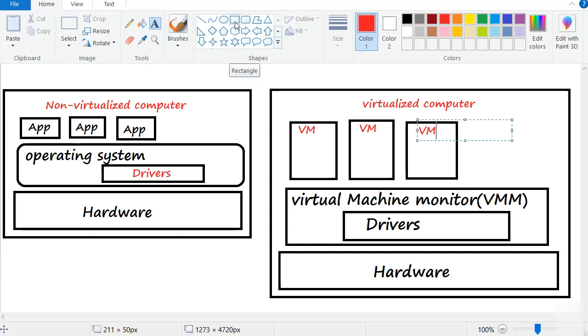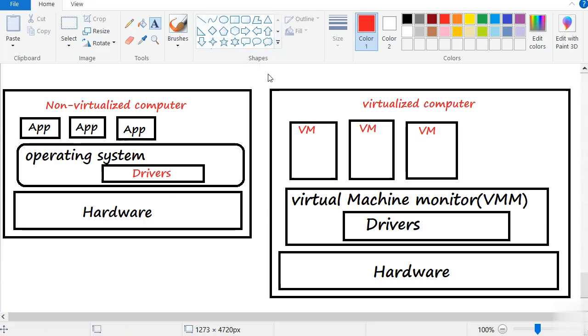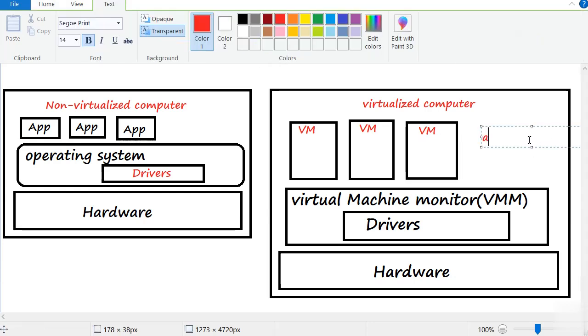I have created 3 virtual machines in the virtualized computer, and these 3 virtual machines can have 3 apps.